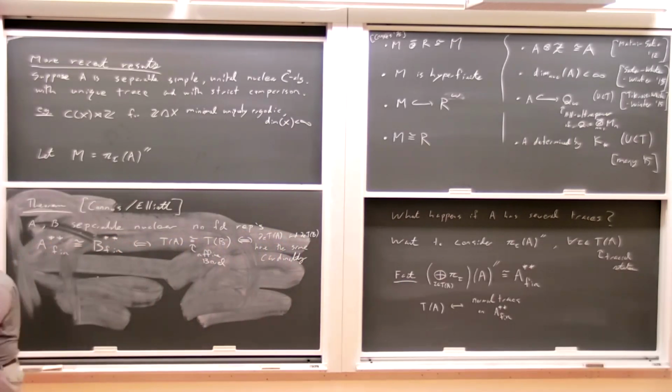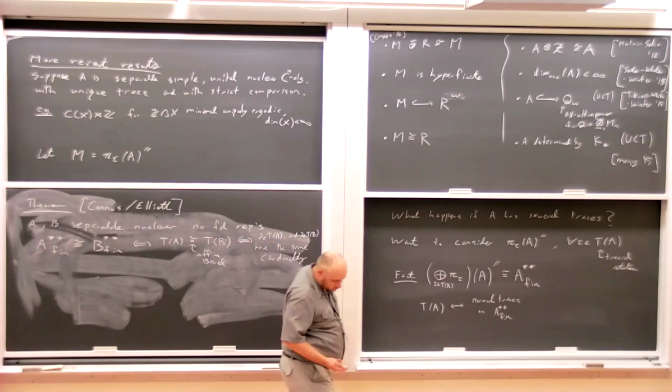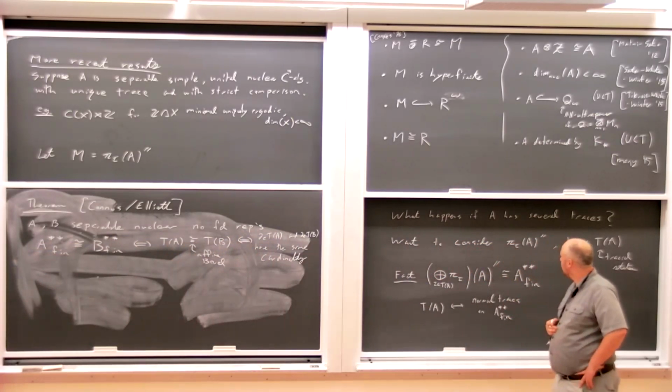So when you pass to this finite part of the bidual, you really lose almost all the structure of the traces. All you remember is how many traces there were according to some counting convention, how many extremal traces there are.